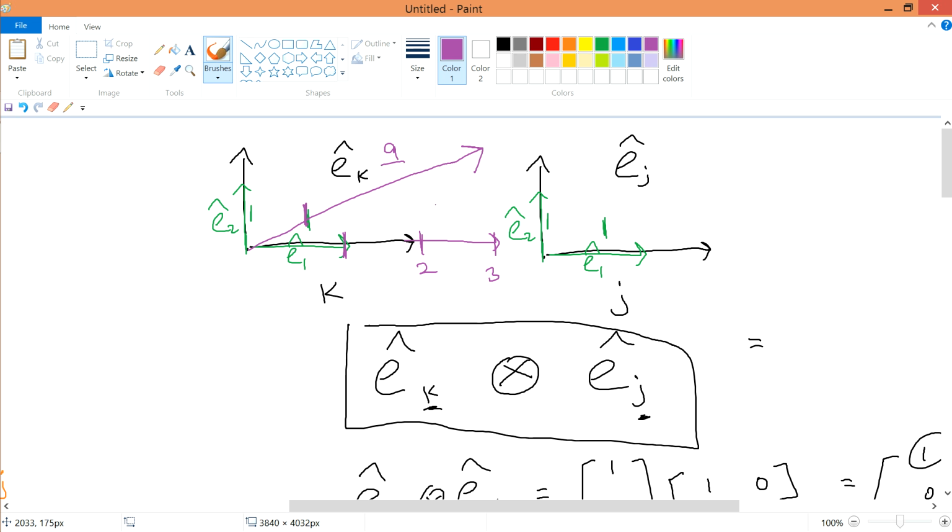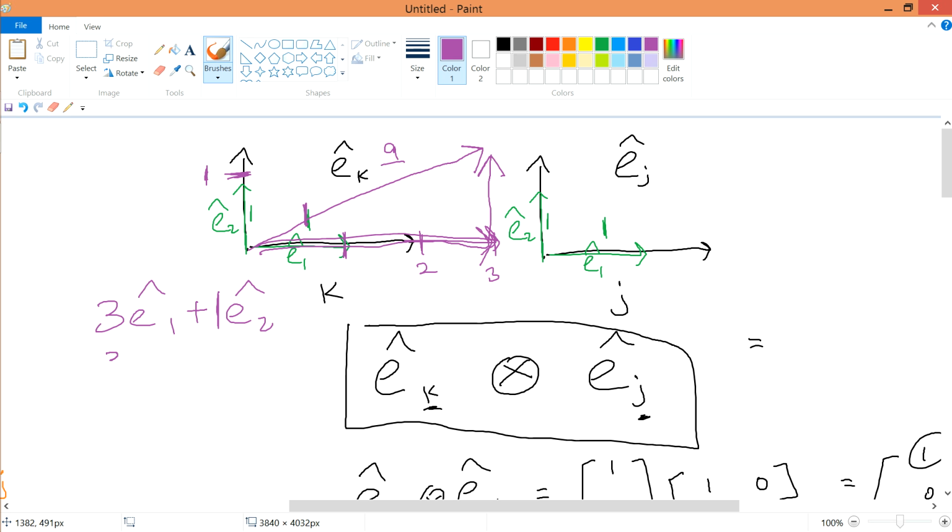So in the x direction, we have 3 E1 hat, so it's 3 times E1 hat plus, perhaps this is just 1, so I have plus 1 E2 hat.